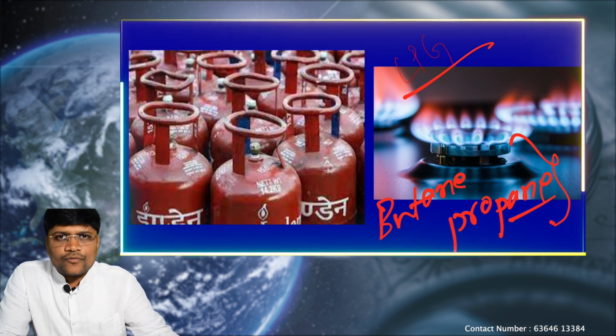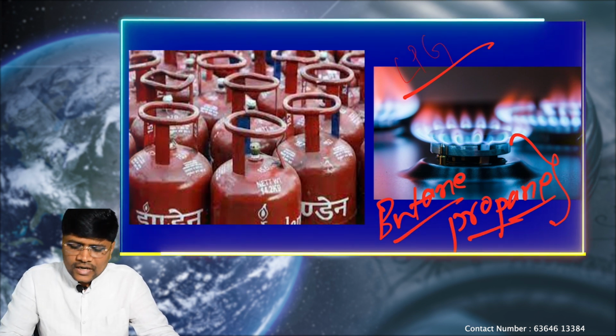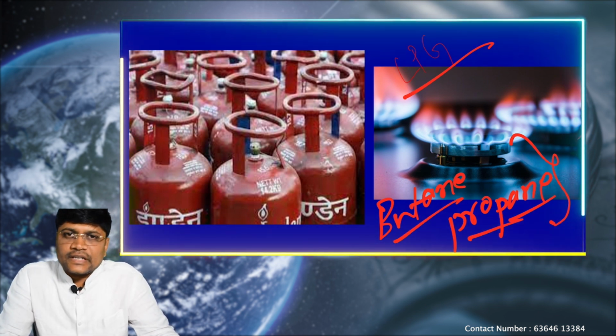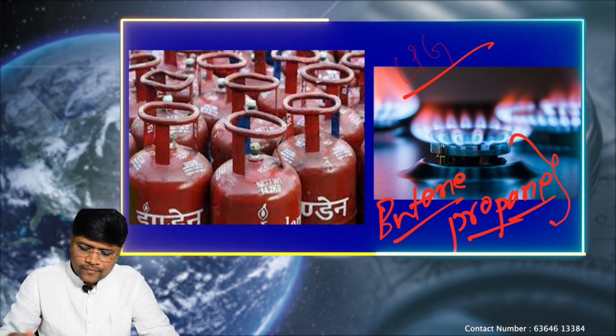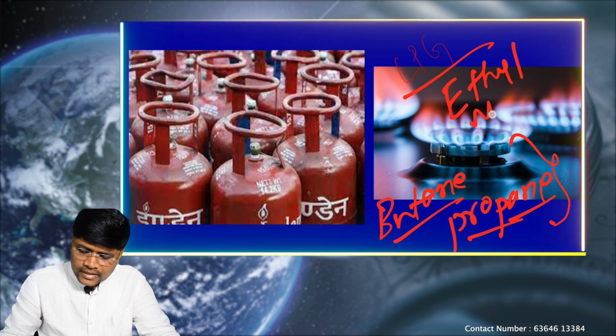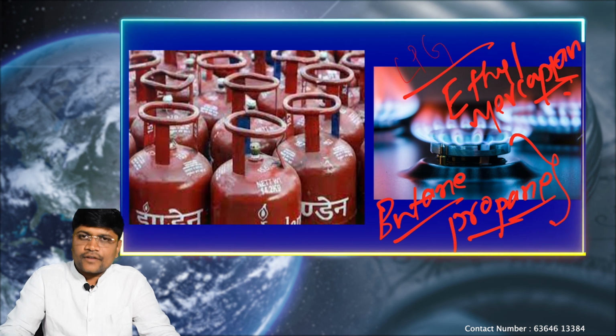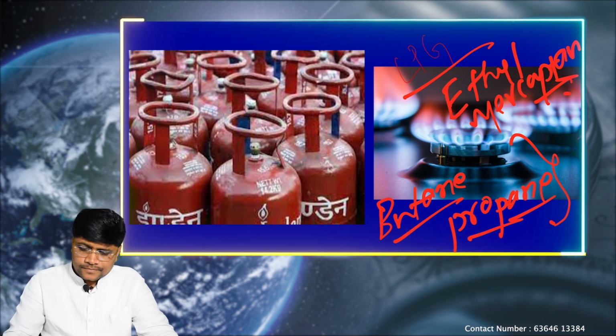They don't release any foul smell during a leakage. That's why, in order to identify leakage of the LPG cylinder, an artificial chemical called ethyl mercaptan is added. Ethyl mercaptan is added in order to identify gas leakage.